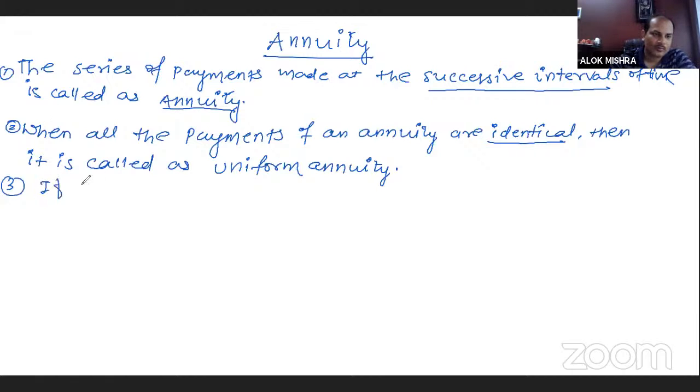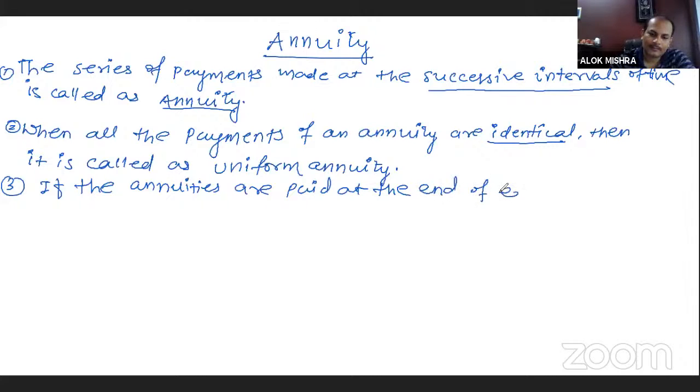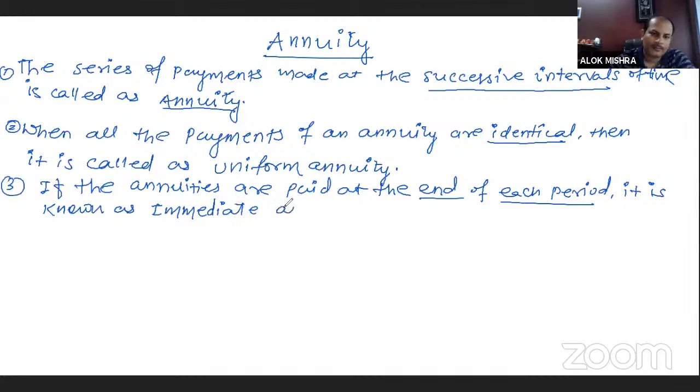If annuities are paid at the end of each period, it is known as immediate annuity.